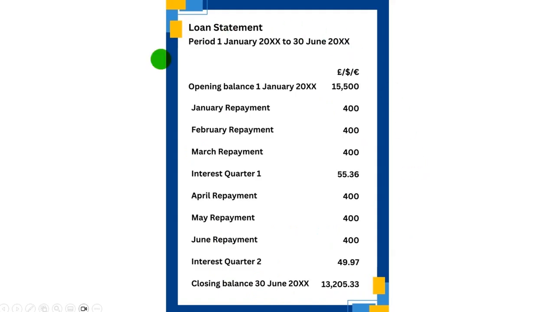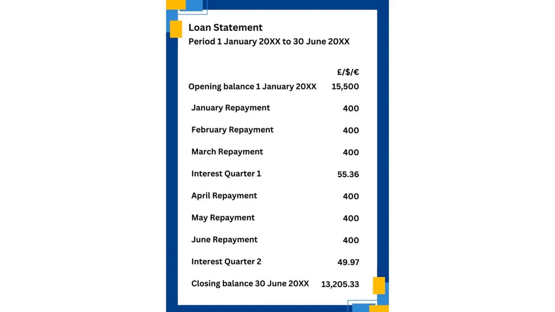All the information shown on this statement is crucial to do a reconciliation. That information is the period that's covered, the opening balance, the transactions, and the closing balance. That's the information you need to complete a reconciliation.